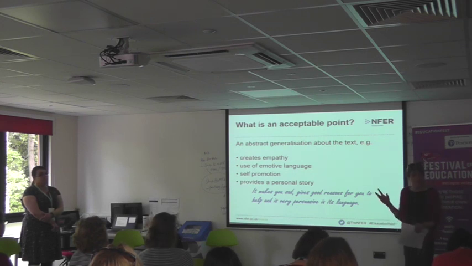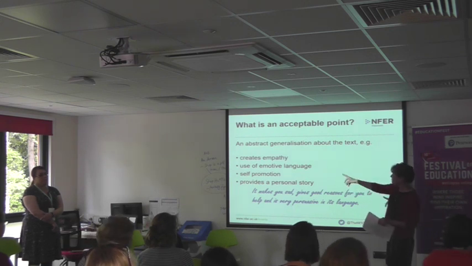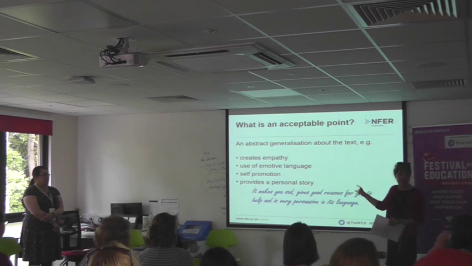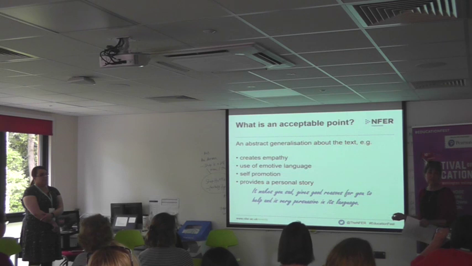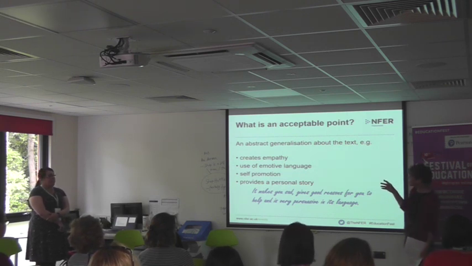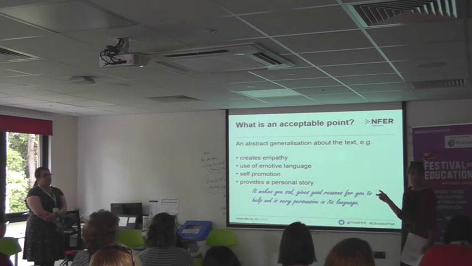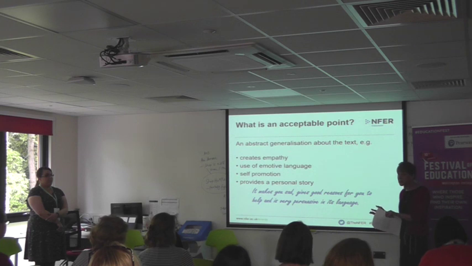And in the mark schemes, this appears in very adult language. So in the mark scheme, it would say something like creates empathy. But in Year 6 language, that would be expressed as it makes you feel sorry for orangutans. And the next one, use of emotive language. Well, a Year 6 way of saying this would be it uses sad words like gloom and doom.